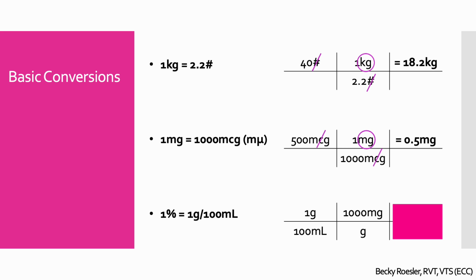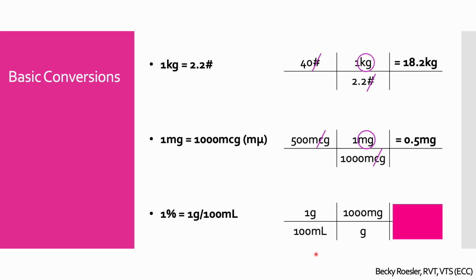All right, so last one on this page, we want to figure out what 1% is in mgs per mil. So the conversion for that is 1% equals 1 gram per 100 milliliters. So we're going to start with what we know. So we know that 1% equals this 1 gram over 100 milliliters.